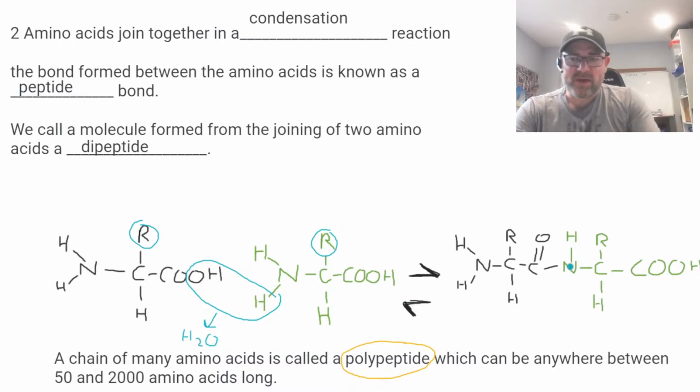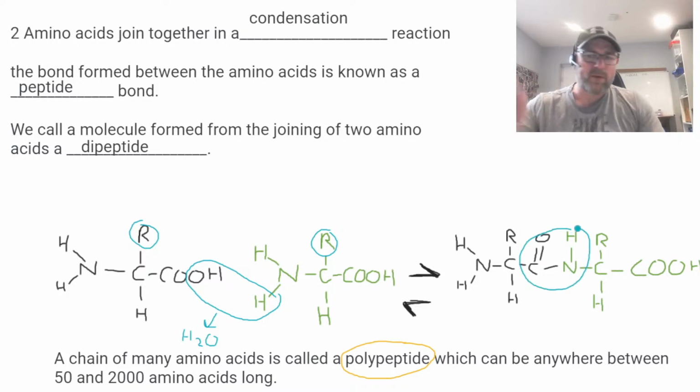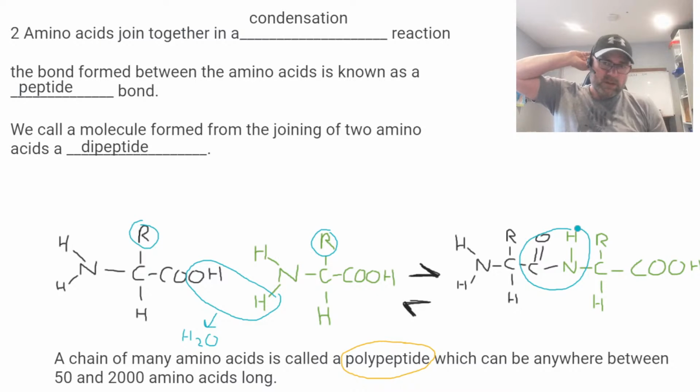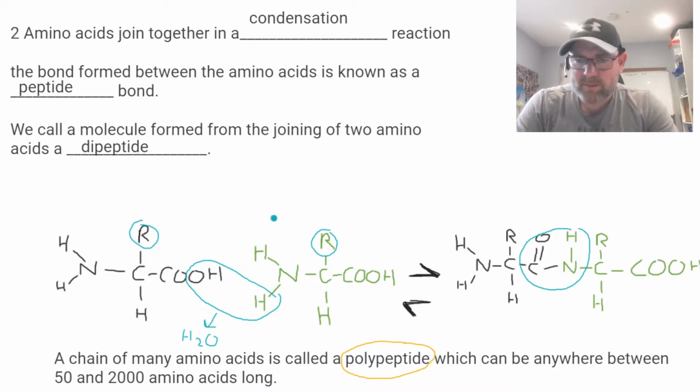As you can see over here, a water molecule is missing, and this is your peptide bond. I think I'm missing a hydrogen on my amino group. Am I missing a hydrogen there? Hold on. No, I'm not. We're all good.